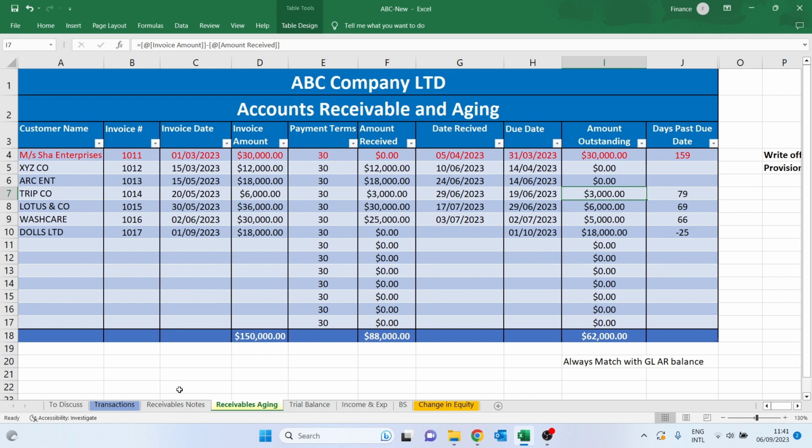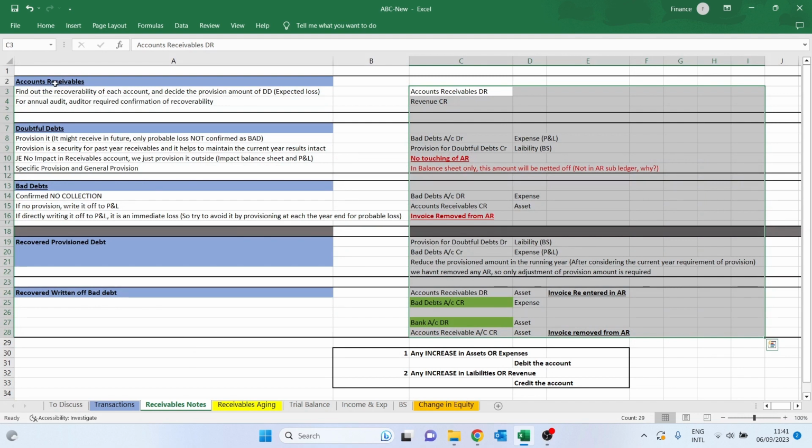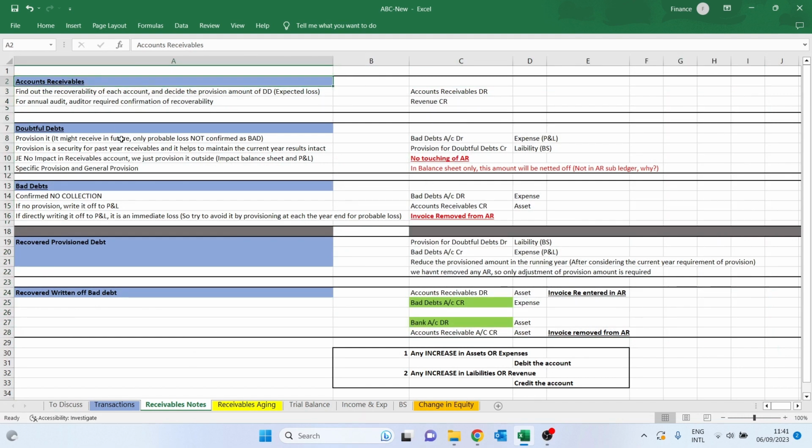So let us discuss the terms of receivables. You all know what is accounts receivable, right? So during the year end, on 31st December, you need to scrutinize your accounts receivable properly and find out the recoverability of each account. What is recoverability? Recoverability means the chance of getting the amount in 100% in full.